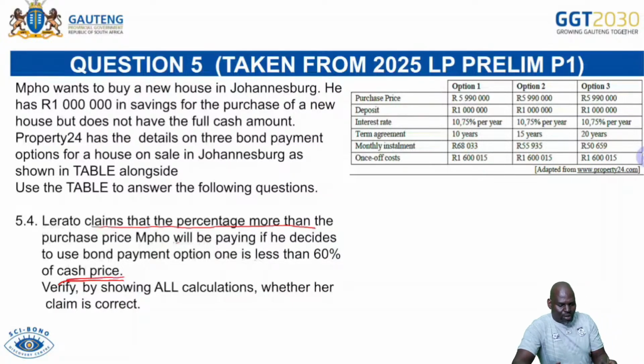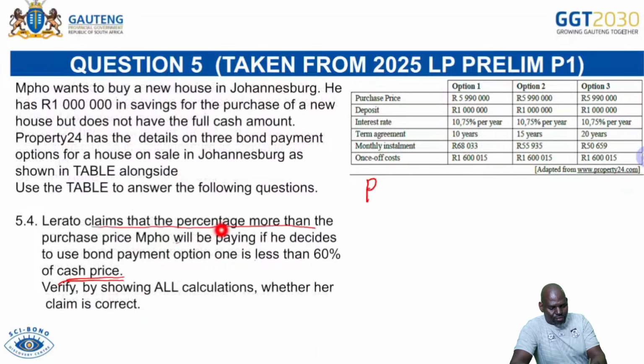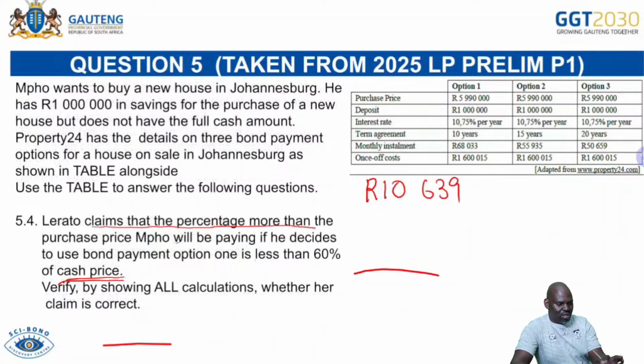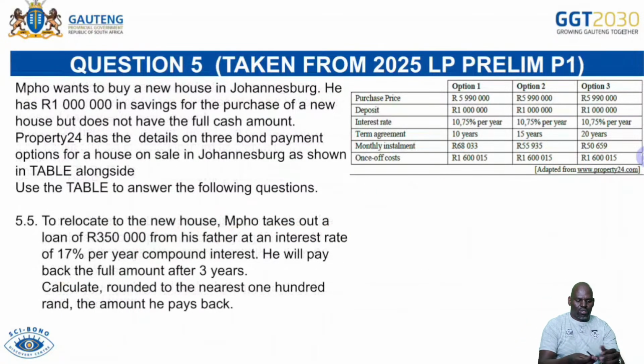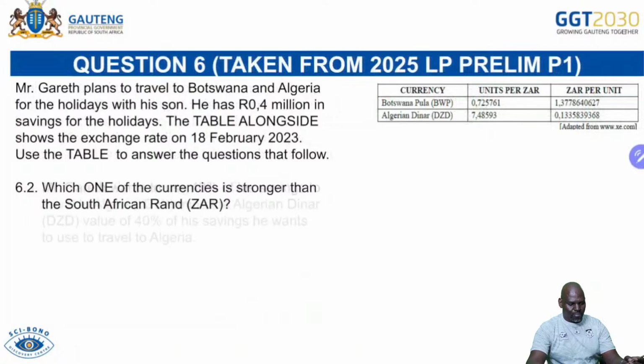So in this case, the total amount that Paul is going to pay in the previous question is 10,639,975. Okay, I just want to check the previous one.